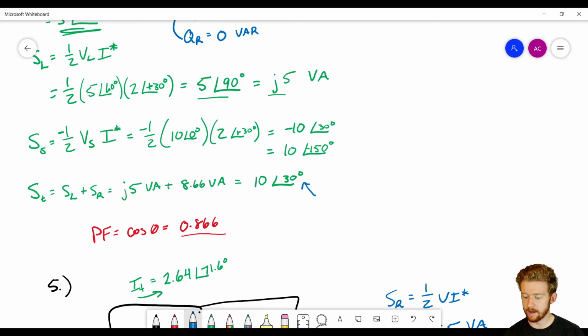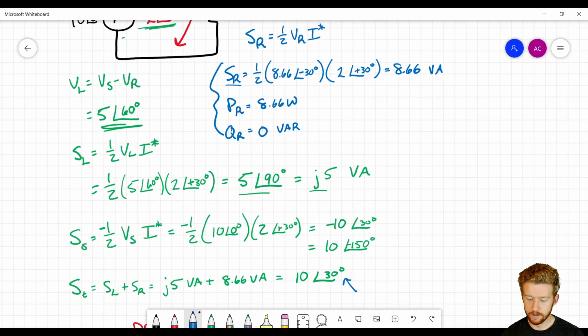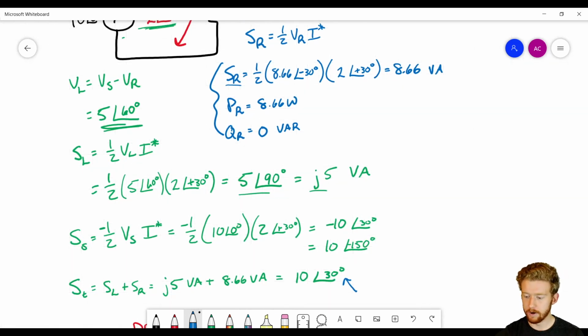If we have this positive phase, that means we're consuming positive reactive power. And the only thing that consumes positive reactive power is, look here, this inductor. So if we have an apparent power with a positive phase, that tells us that this circuit is more inductive, right?